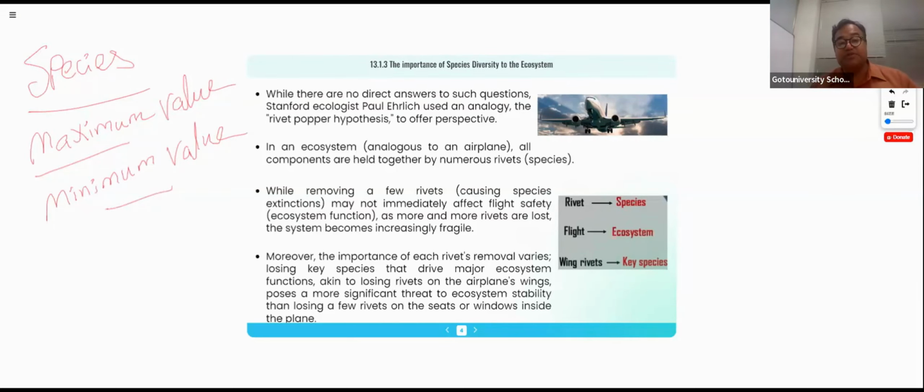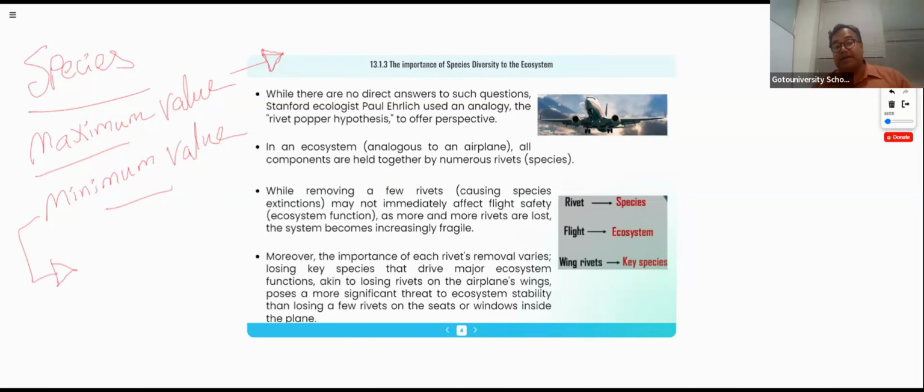For example, if I am a species of minimum value, that means I am not as good as a species which has maximum value.